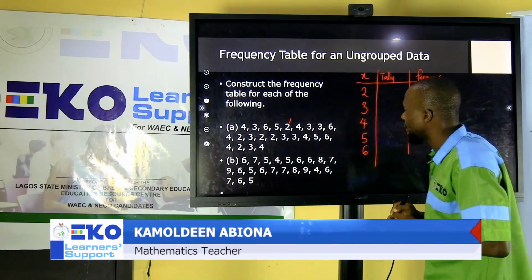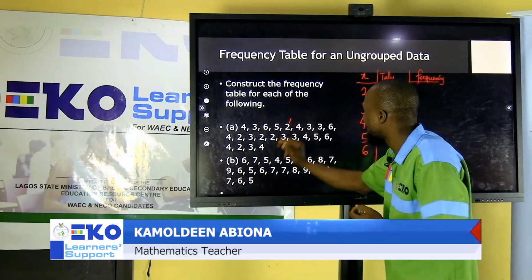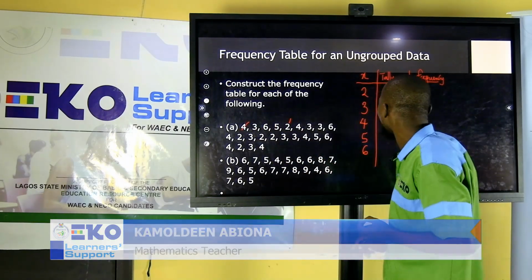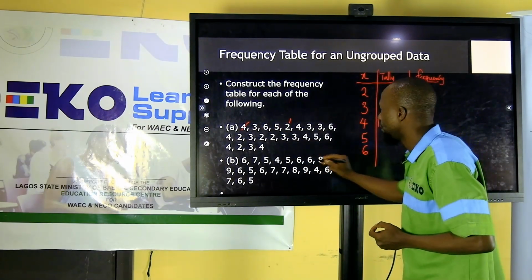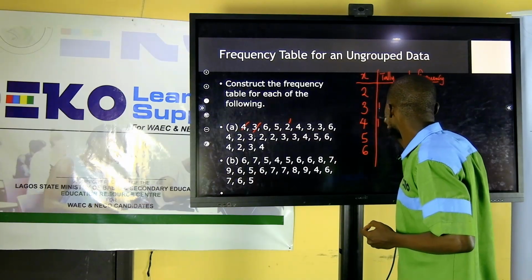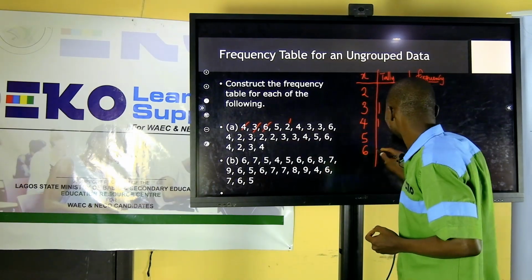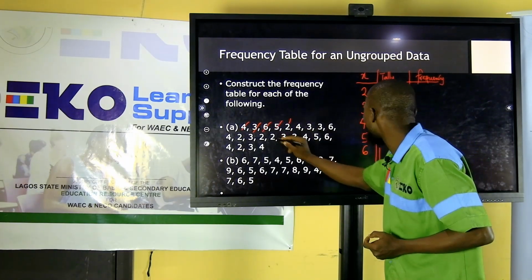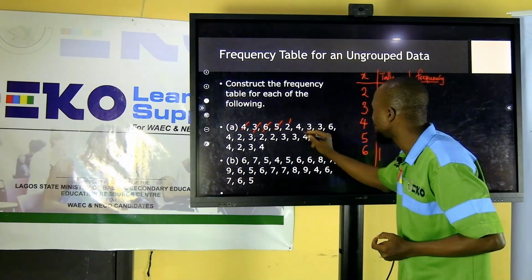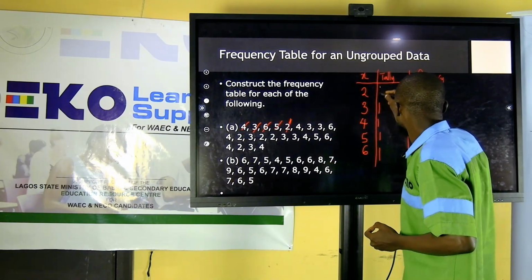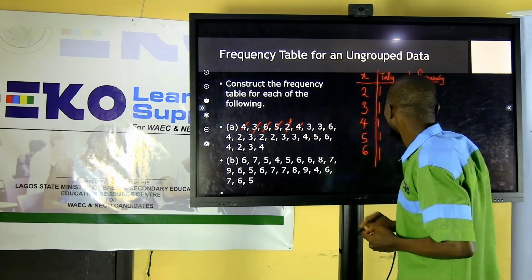Let's go one after the other. As you pick any one, you strike it out. This is 4. We have 4 here. 3. Where is 3? This is 3. We have 6. I have 5. I have 2. Yes, 4 is here.